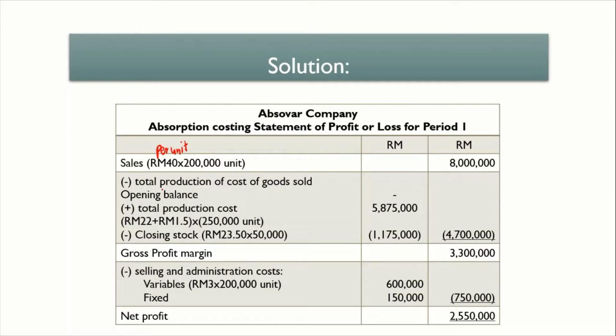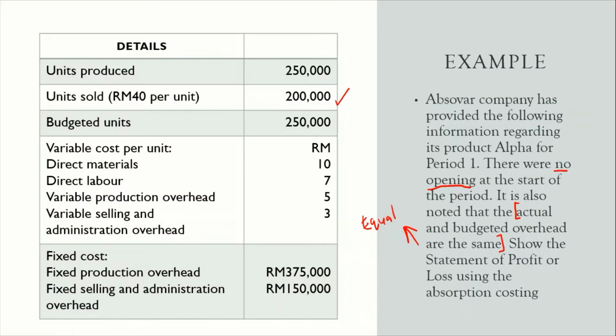In this section, we have an opening balance. As stated in the example, there is no opening balance, so we put a dash or 0. Then you plus the total production cost. For absorption, you take VC plus FC, variable and fixed cost, for the production, and you times it with the production units.